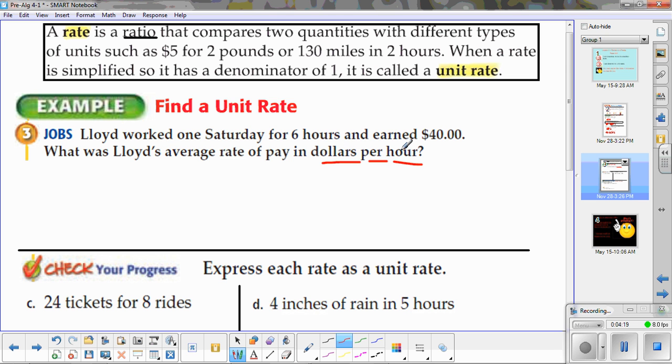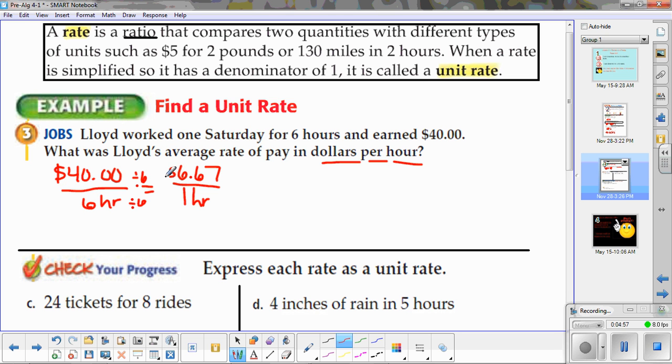Since we want dollars per hour, we're going to put the $40 on top and the 6 hours on the bottom. Now, if we want a unit rate, we want this 6 hours to be 1 hour. We're going to get that to be 1 by dividing both the numerator and denominator by 6. 40 divided by 6 is about $6.67 when we round it.